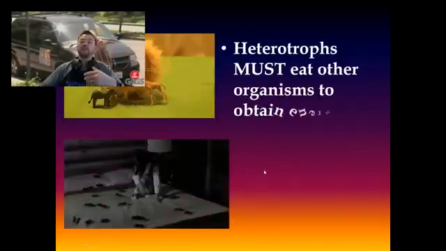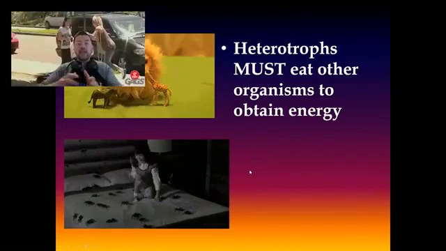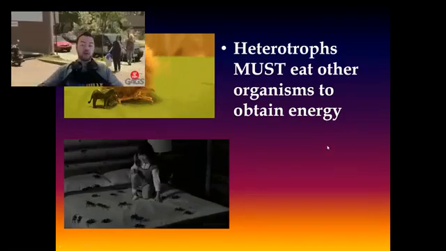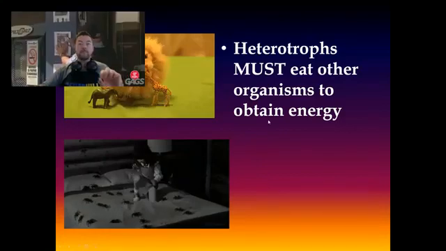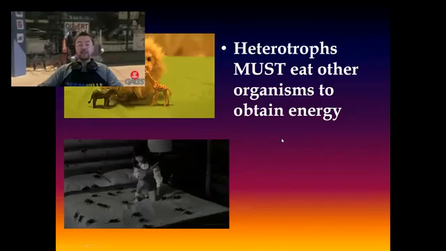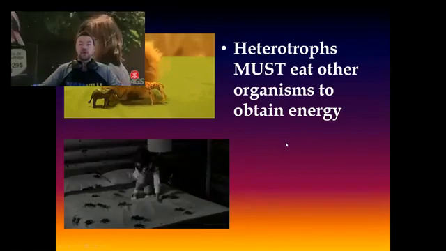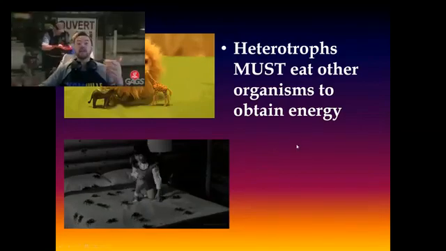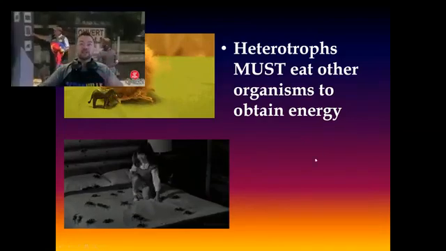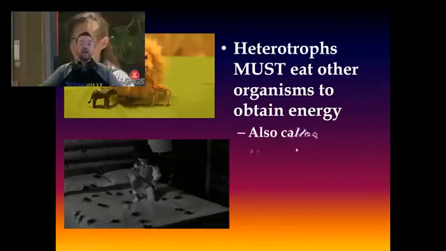But if you don't make your own food, you can't capture energy from the sun and make food, then you are what we call a heterotroph. Heterotrophs must consume other organisms for energy and matter. It doesn't matter if you consume animals or plants or fungi or anything. If you have to consume another organism to get your energy, you are called a heterotroph.